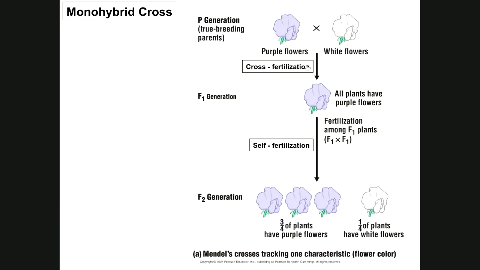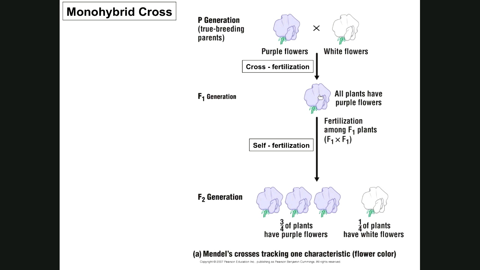Because remember, this true breed for white flower color, if it self-fertilizes, it passes on the trait for white flower. But when you cross-fertilize it with another true breed, but for the color purple, all of a sudden the trait disappears.